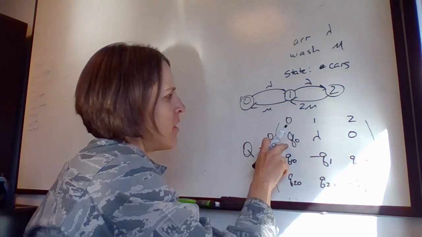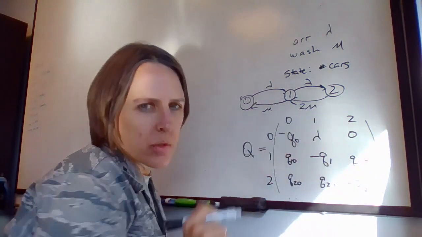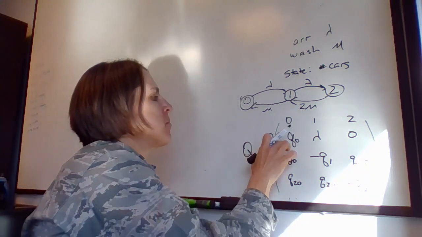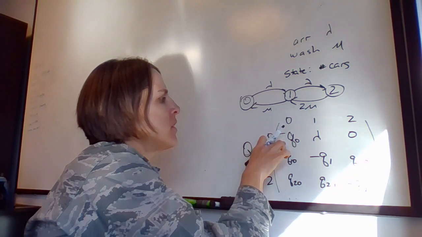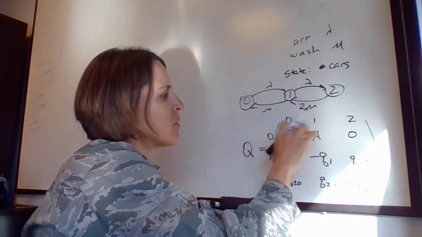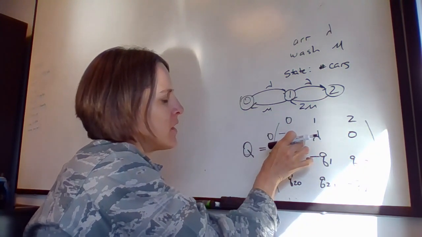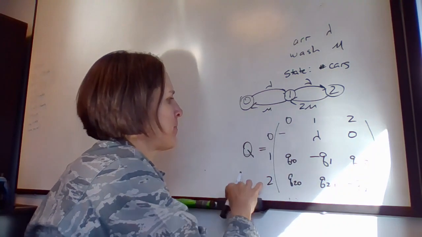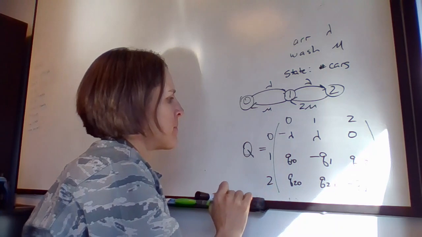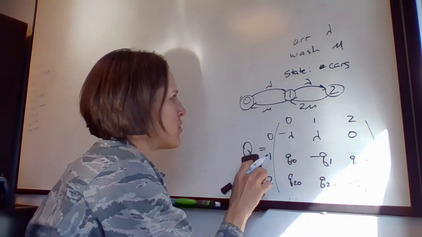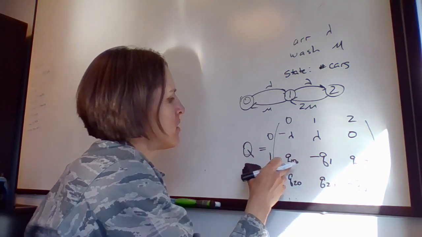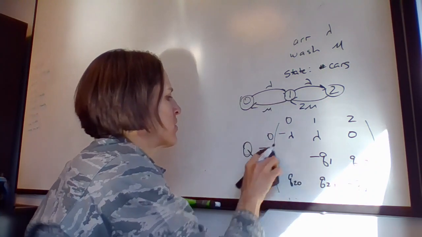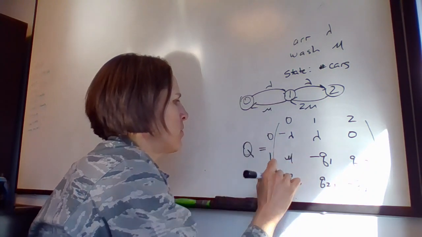And then the rows have to sum to 0. So we're going to set minus Q0 to be the sum of the row except for the diagonal, with a negative sign in front of it. So in this case, minus lambda. Now, the transition rate from 1 to 0, well, if we have one car in there, they're getting washed at rate mu. So that's going to be mu.